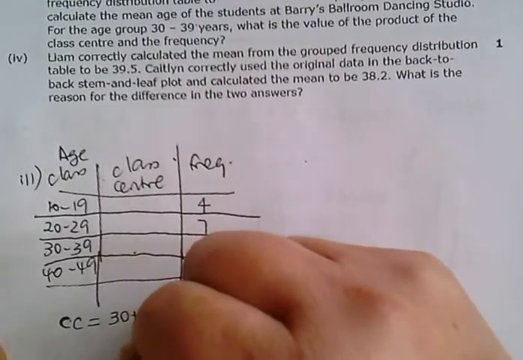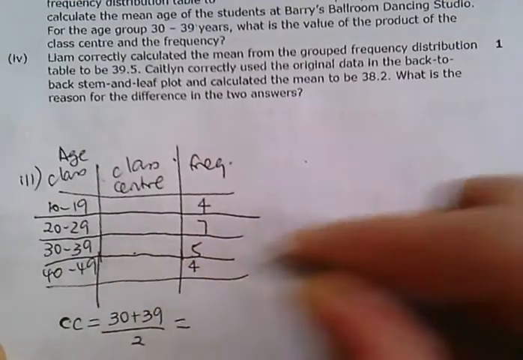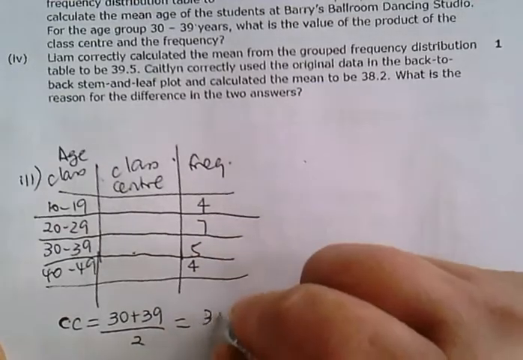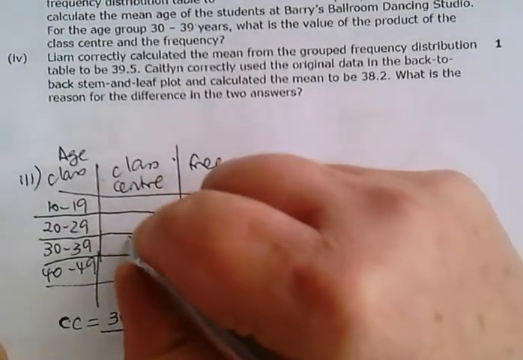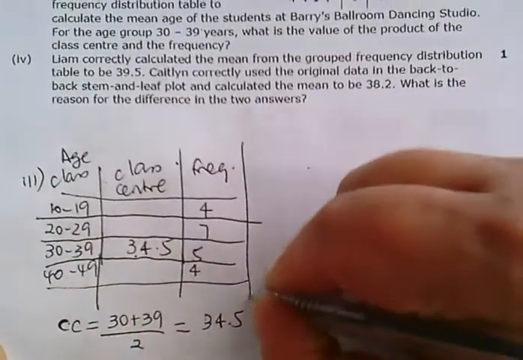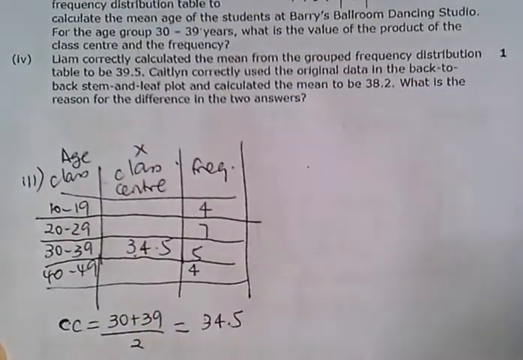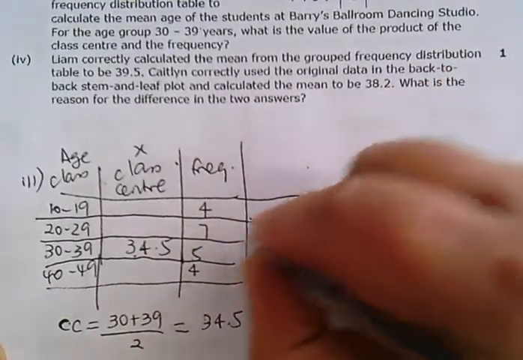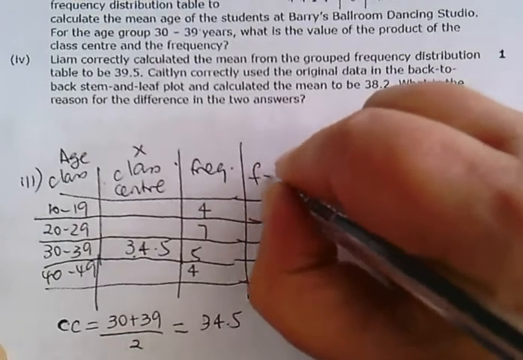Don't you go 30 plus 39 divided by 2? It's not 35, it's 34.5 if you work that out. And that's what we call X. The question is, what is the value of the product of class center and frequency? That's what we call FX.